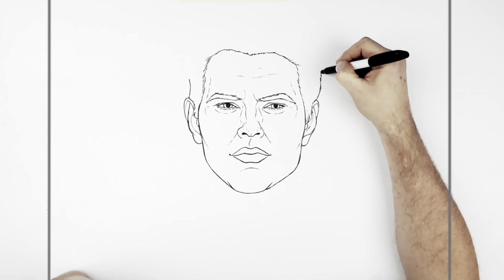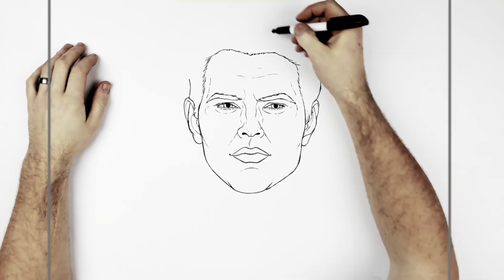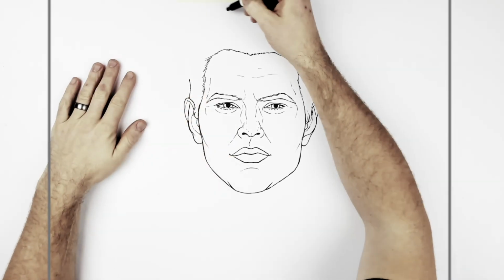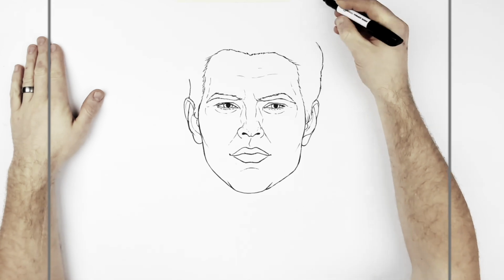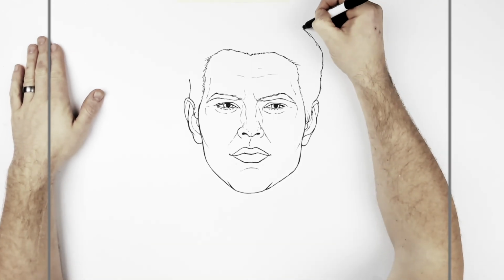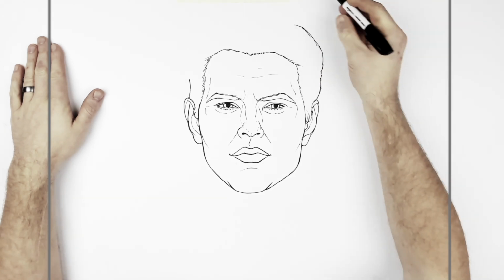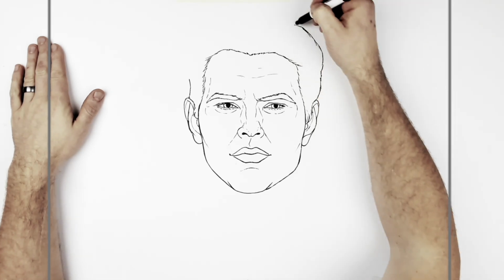Okay, and then his hair, right? So he's got straight, spiky up kind of hair. Real sort of 90s look, right? Although this wasn't the 90s, but the early 2000s hair. So it curves around there, and then it starts to spike.